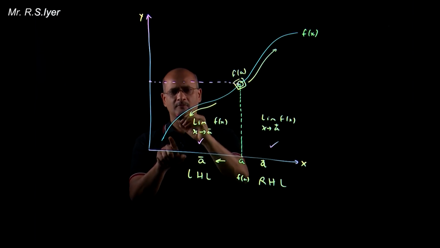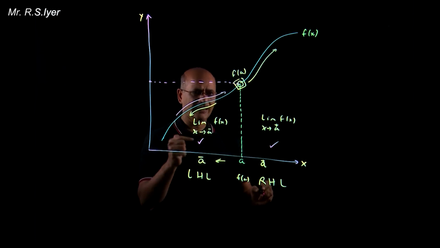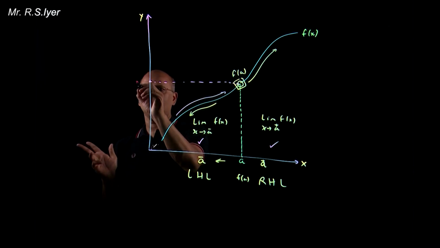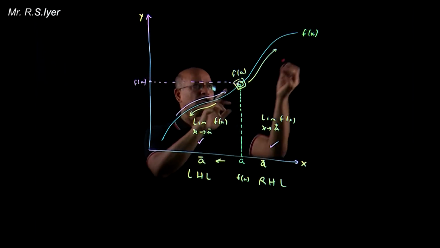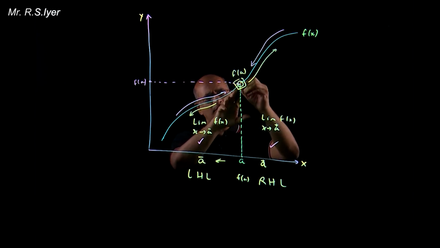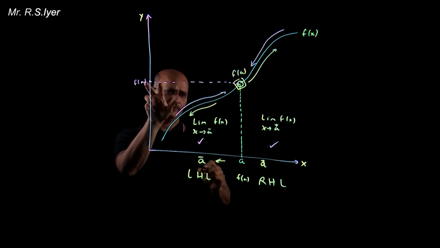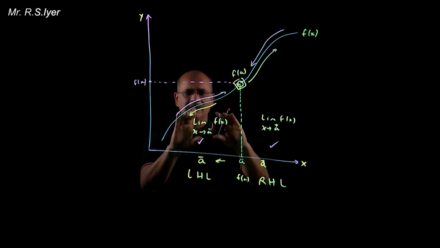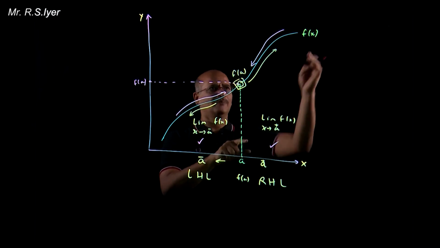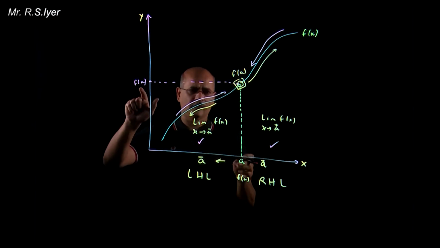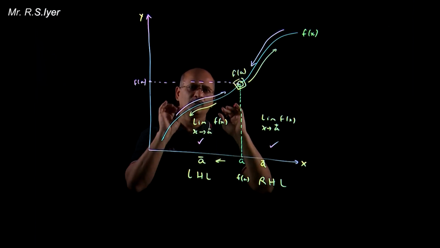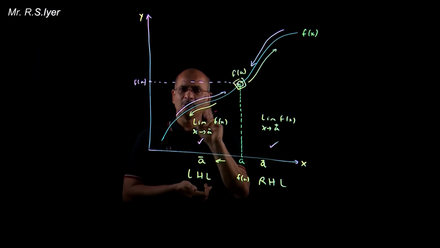As it approaches A from the left hand side, may I have attention here, this corresponding value is nothing but f of A. Similarly here, if you are approaching A from the right hand side, then this particular value is f of A. So what I am trying to tell you is, from the left hand side, the function approaches what value? F of A. The function approaches what value from the right hand side? F of A. If this value is equal to this value, then I say that the limit exists. I have not spoken about continuity.